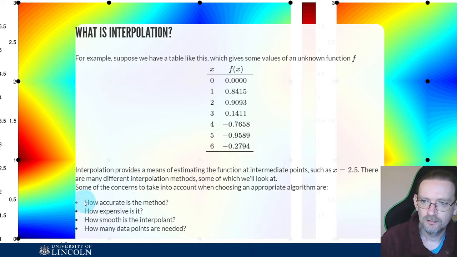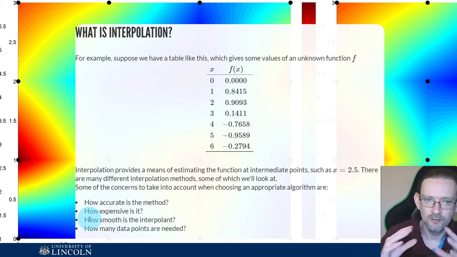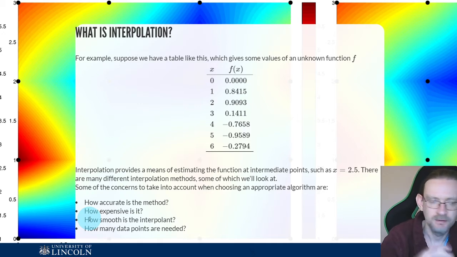And so the appropriate method to use will depend on how accurate you need to be and how expensive it needs to be. Sometimes you may also want your approximate function to be able to be differentiated so many times, or some other properties that you want to fit in.